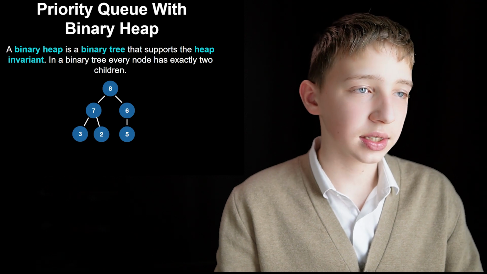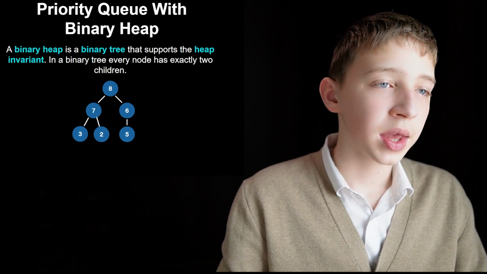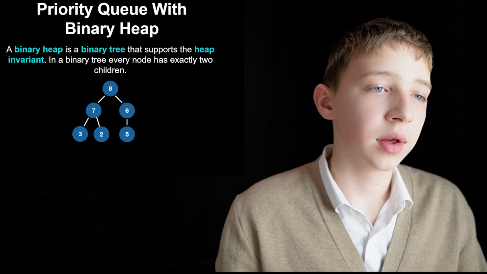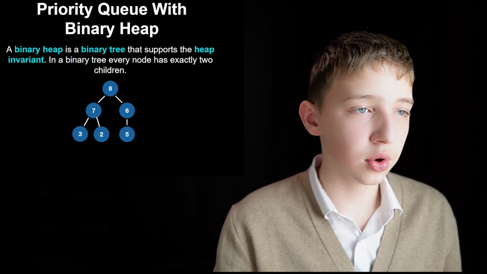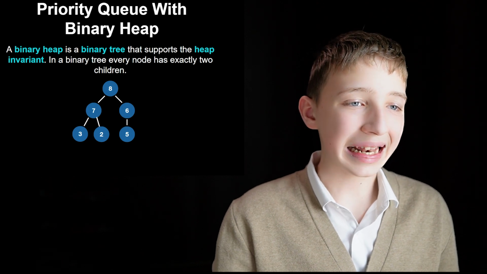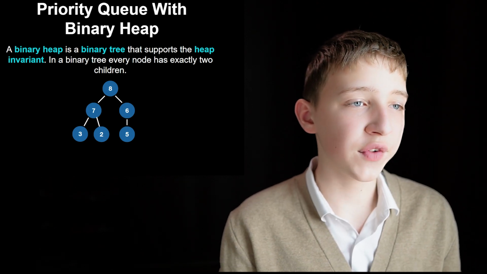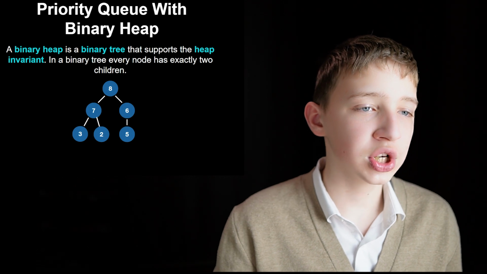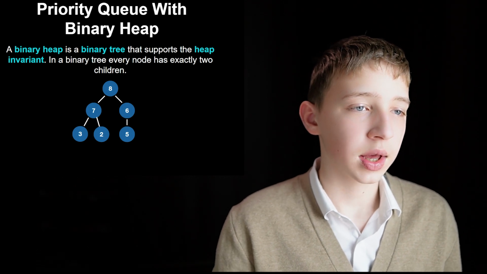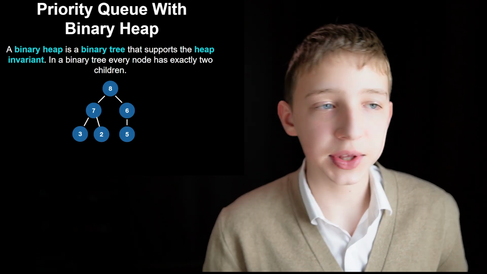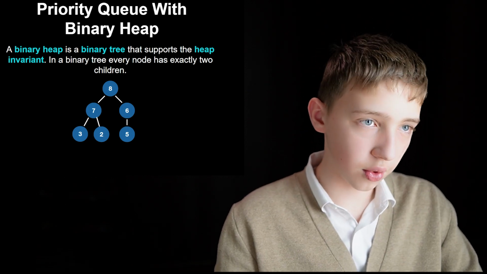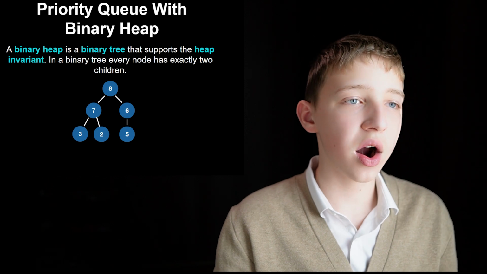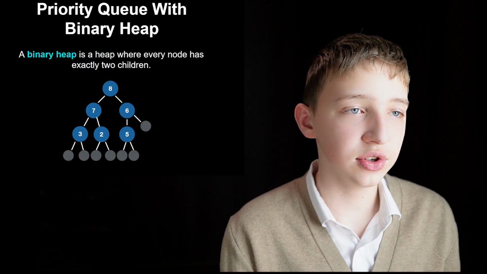In this picture, the nodes at the bottom, the leaves, don't appear to have children. Actually, these nodes do have children, but they're just not drawn, and these children are null values.